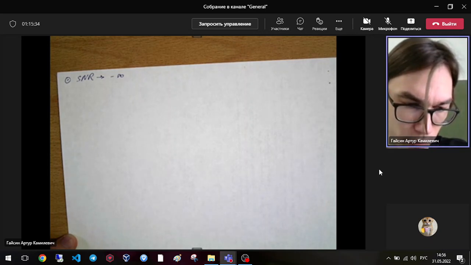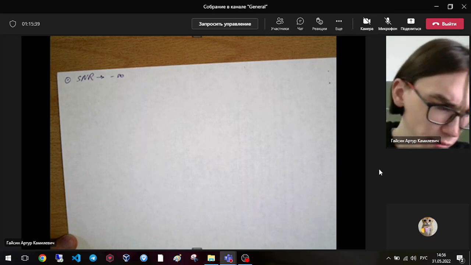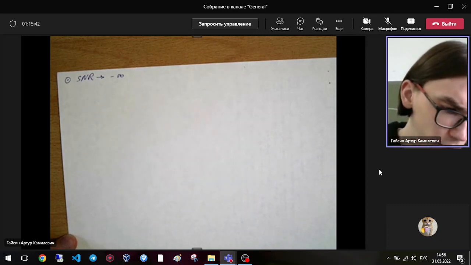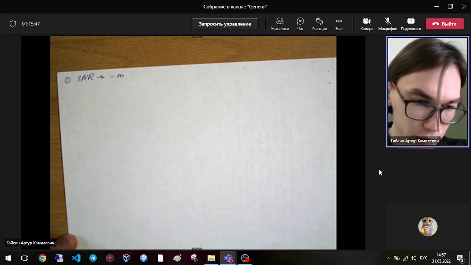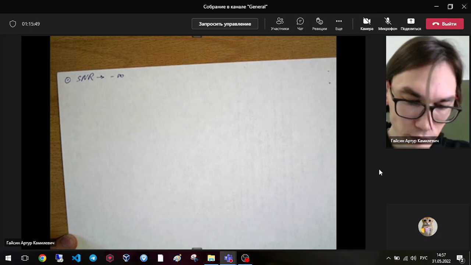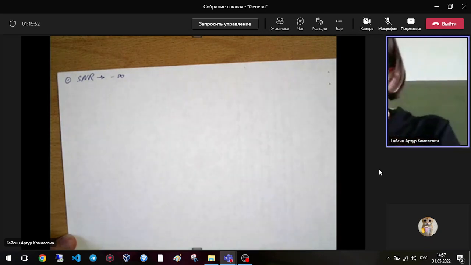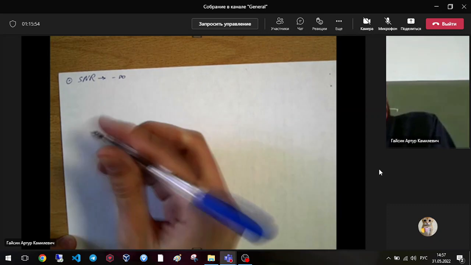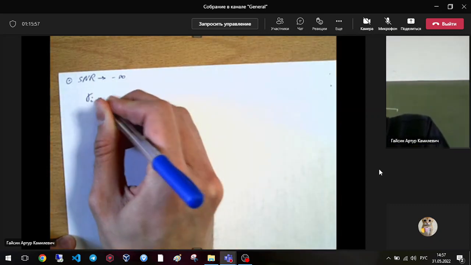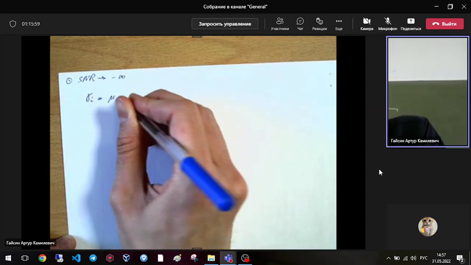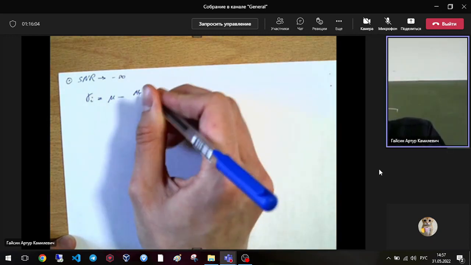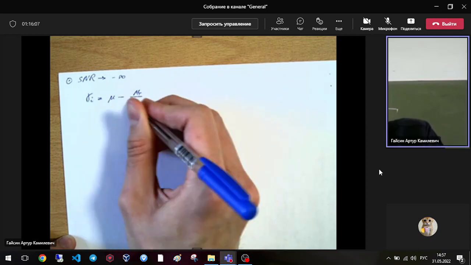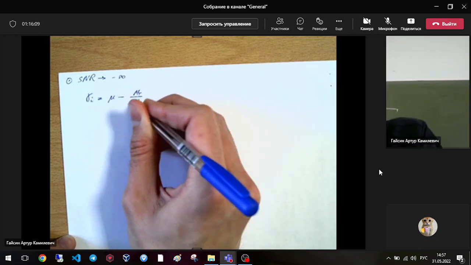Okay, I got it. So first they write omega I, for the equation with mu minus MT times, in this case we write it as rho times lambda I.